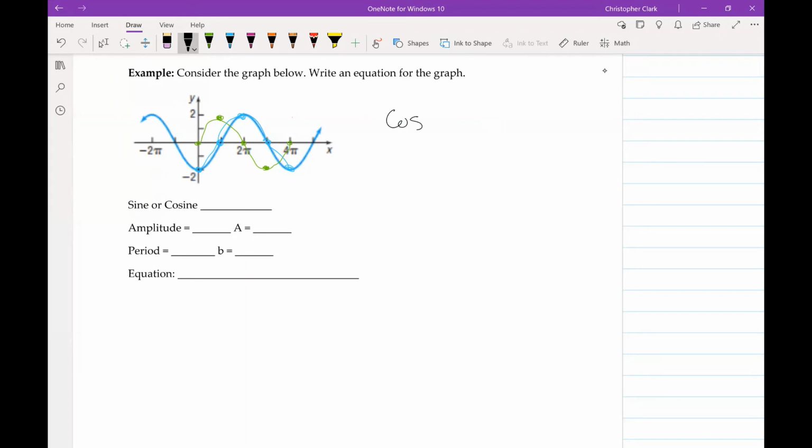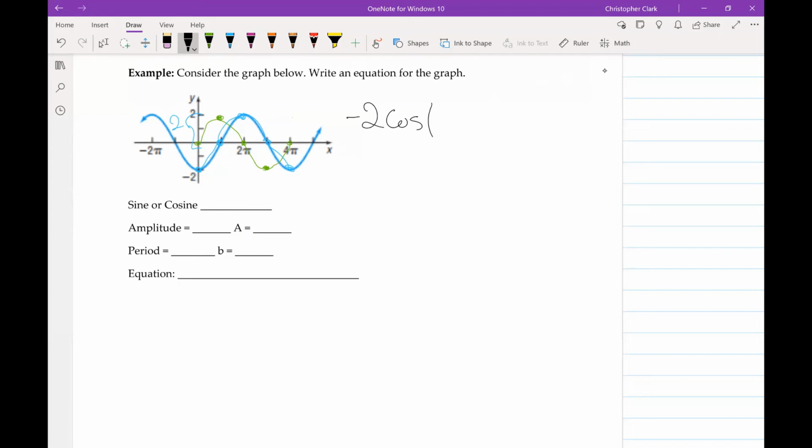Now, what's the amplitude? Well, the distance right here is 2. So our amplitude is 2, but normally we expect that cosine begins at the positive amplitude. So it should begin at 2, but the fact that it begins at -2 means we have a negative in front.